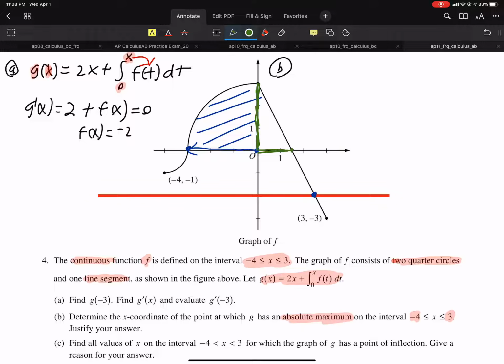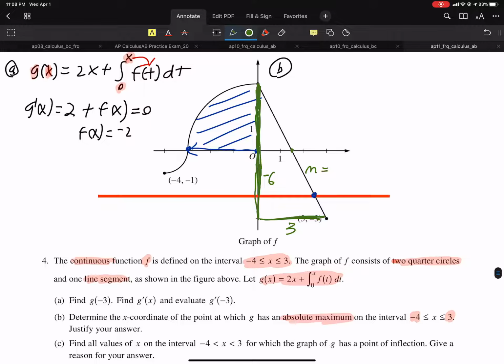How do we know that's exactly 1.5? So to be safe, we should take our rise all the way down to here. So that clearly goes from 3 down to -3. So that's going to be down 6. And this is 3. So the slope of this line will be -6/3 or -2.